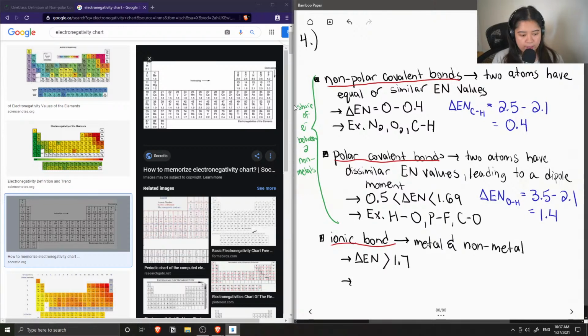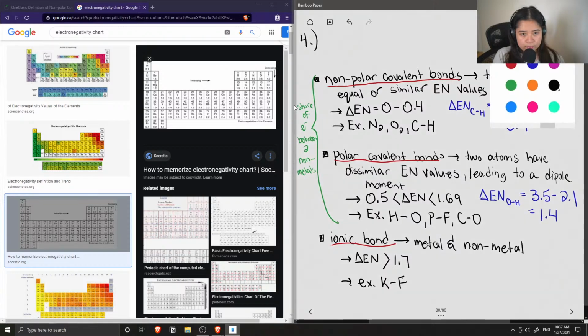So let's look at an example for ionic bonds, like potassium fluorine. Potassium is a metal, and fluorine is a nonmetal.